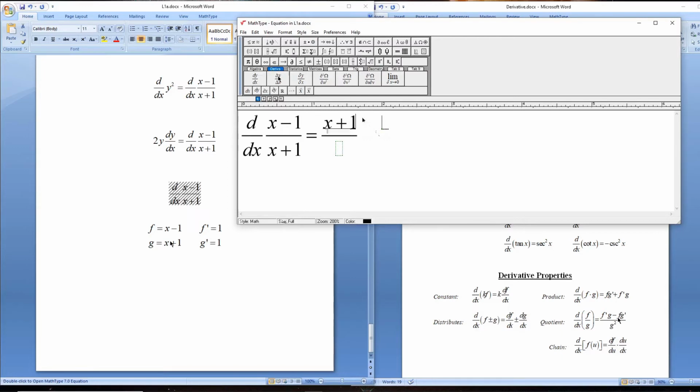So now we have f, which is x minus 1, times g prime, which is 1, so unaffected, all divided by g squared. So g is x plus 1, and we're squaring that.